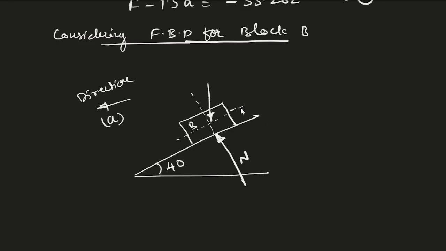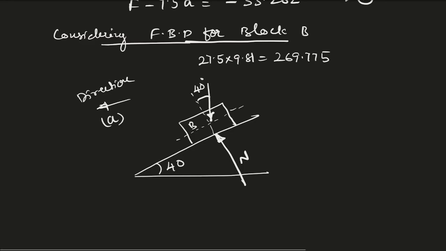Here 27.5 kg is the mass of the block, into 9.81, which gives 269.775. Again, it is inclined, and I'm going to take it with respect to the x axis, so this gives me 50 degrees.